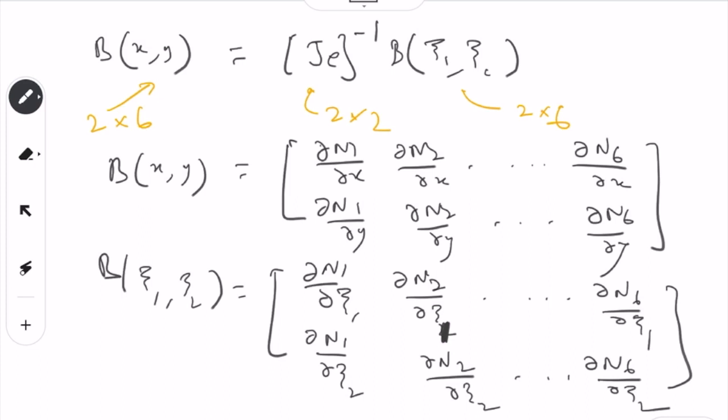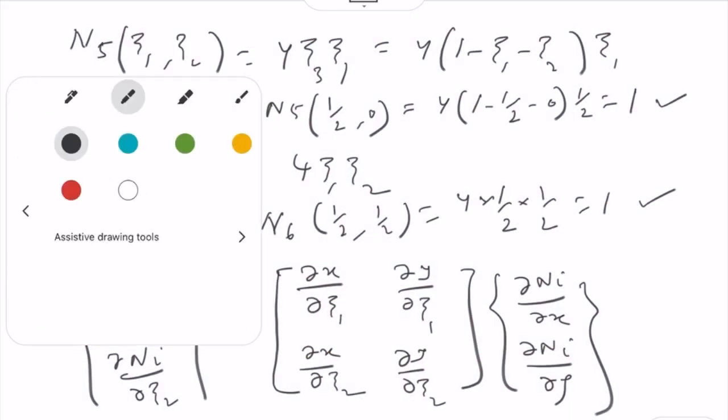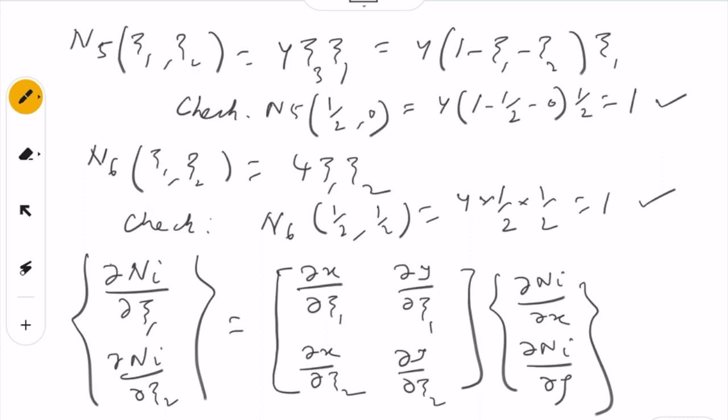So this is what that is, and the Jacobian is as earlier. This is standard, we have this as the Jacobian matrix.